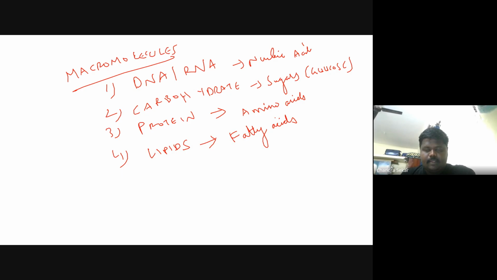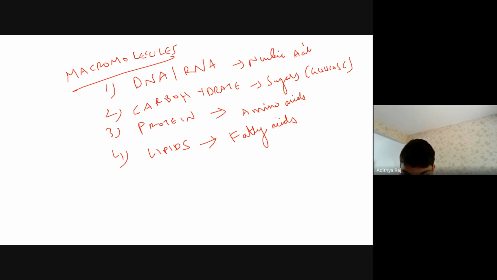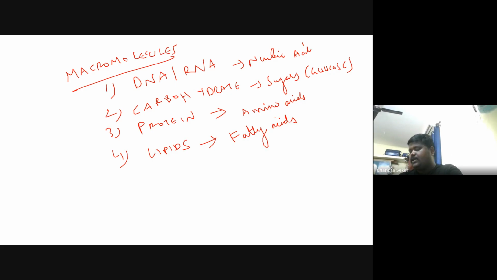Clear? See, if you see some soft tissues, like for example, in our buttocks or our cheek, they have fat. Even if I have a belly, that abdomen is fat. Are you vegetarian or non-vegetarian? Vegetarian.